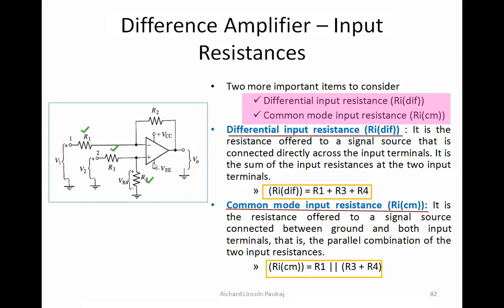So I add them up together: R1, R3 and R4. This is going to give me my differential input resistance. R2 is taken as the negative feedback here. So the resistances across the inverting and non-inverting terminals, added together, are called differential input resistance.